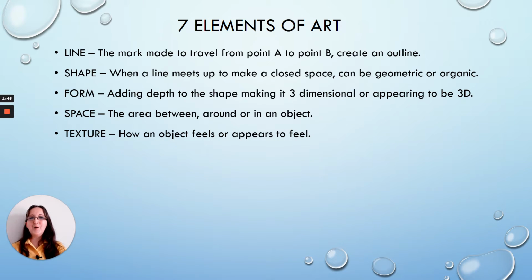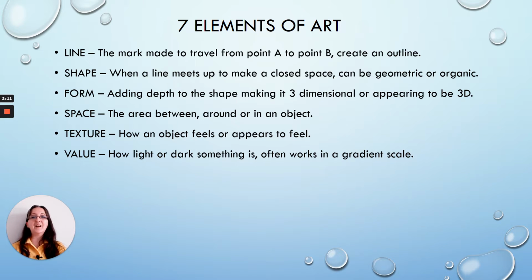Texture, how an object feels or appears to feel. You can always stick on materials, you can create different types of actual touchable texture on a painting, or you can use skills and techniques of drawing to create the look of a texture.